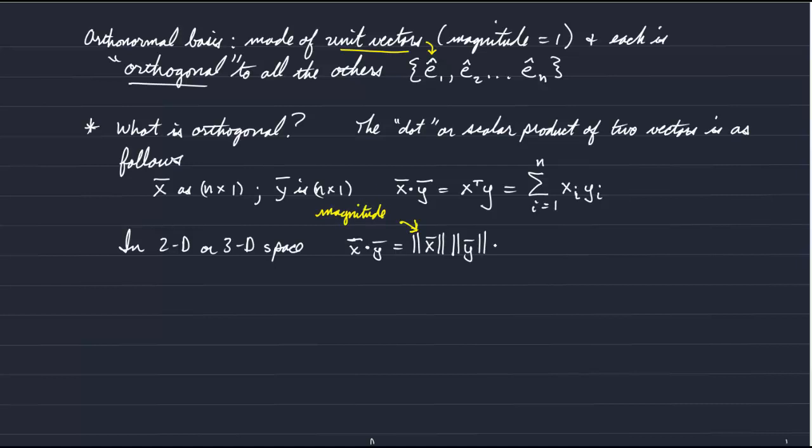And that's the product of the magnitudes times the cosine of theta, where theta is the angle between the two vectors.